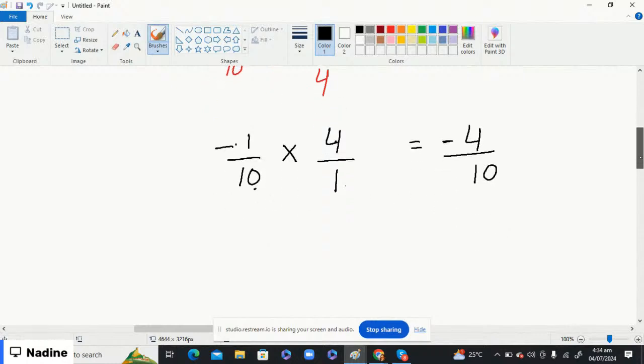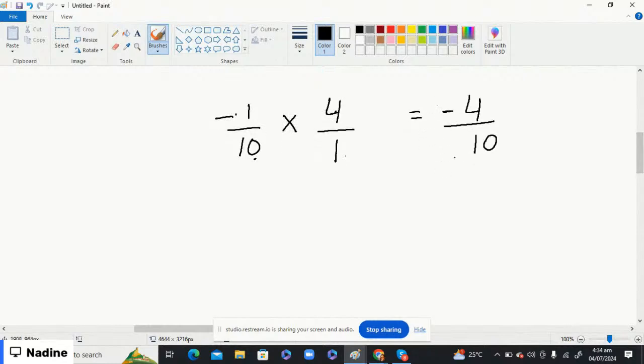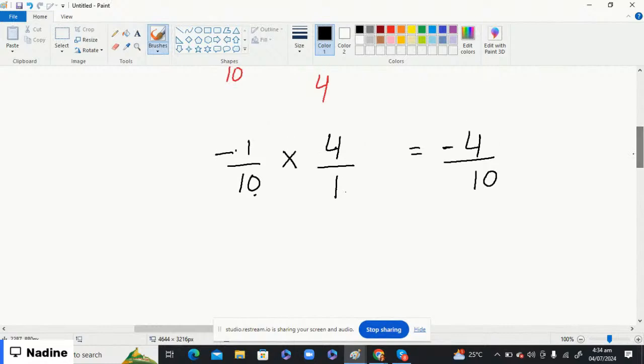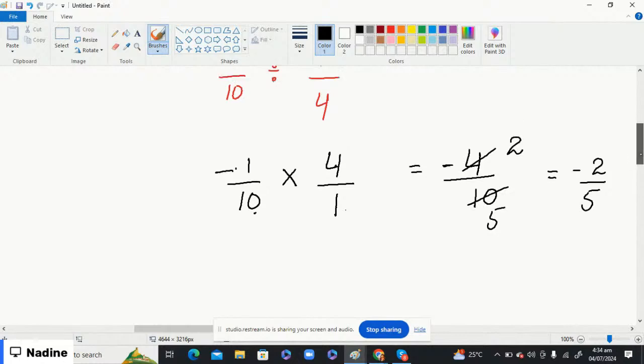If you want to write your answer this way, it's right. But if you want to simplify it more, divide both numbers by the same number. 2 times 2 is 4, 2 times 5 is 10. So the answer we get is minus 2 over 5. This is our final answer for this question.